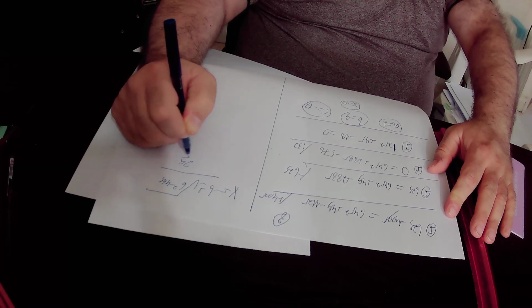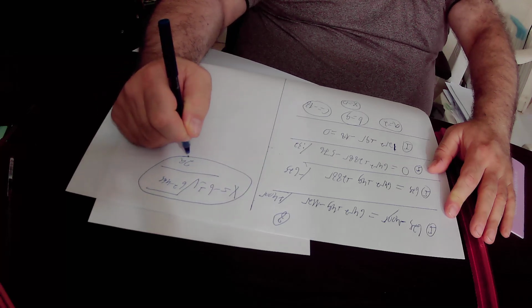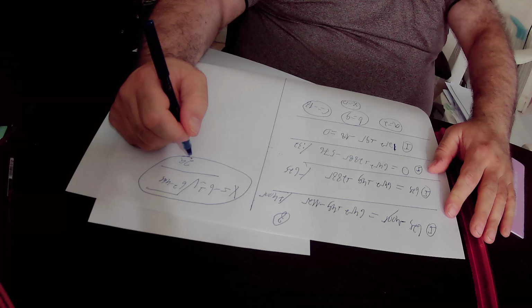Okay, here a, b, and c are the coefficients of the quadratic equation, and x is the variable that we are looking for.